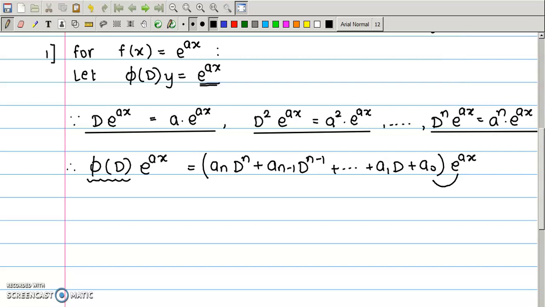If we multiply this exponential function in this bracket, then we get nth derivative, so we can rewrite it as an into a raised to n.